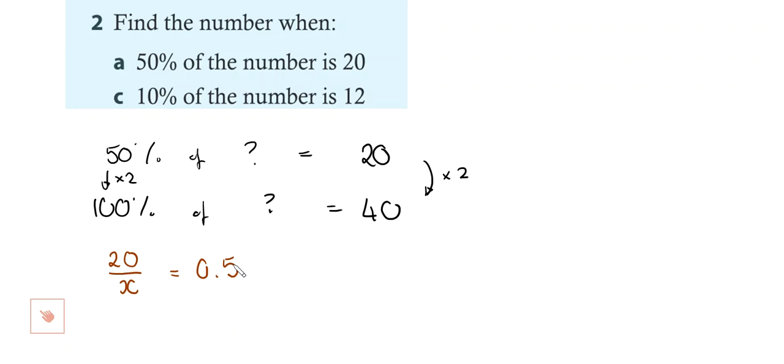That's another way to think about it. Okay? And I might then say, instead of 0.5, I might say 20 divided by something is the same as 50 over 100. Yeah? Do we know what we would do then?